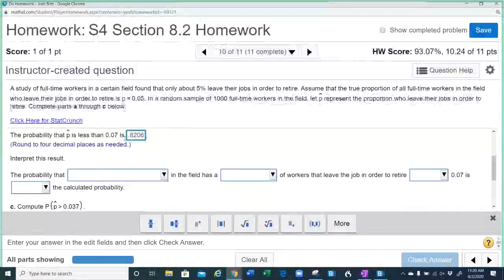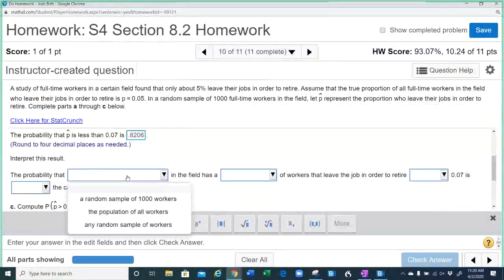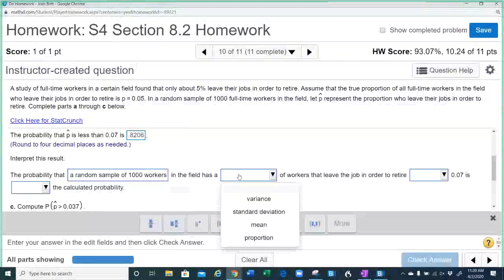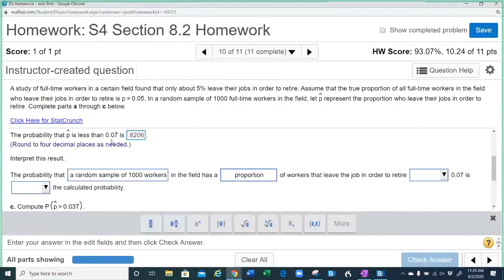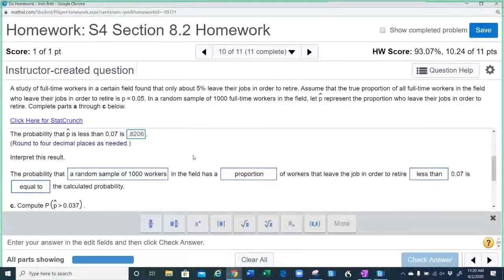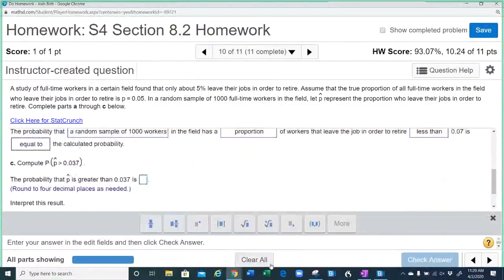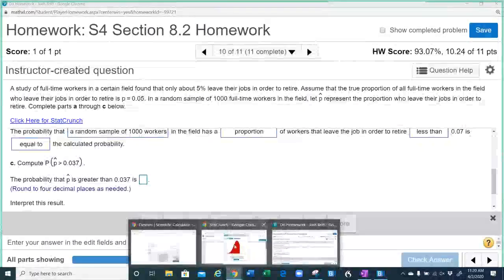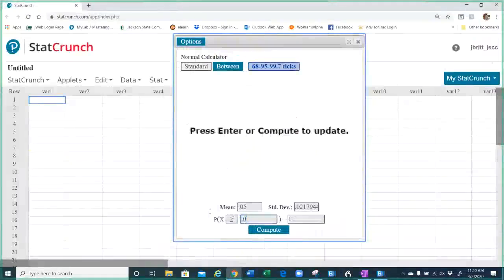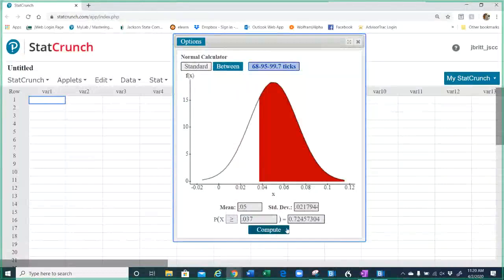And the way we interpret this is, if a random sample of 1,000 workers has a proportion which is less than 7%, it is equal to this calculated probability. And then we'll do greater than 0.037. So greater than 0.037, 0.7246.